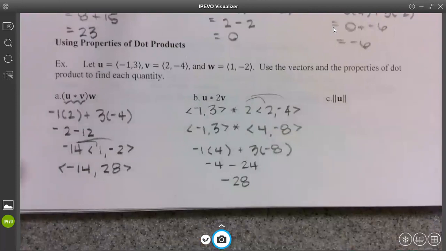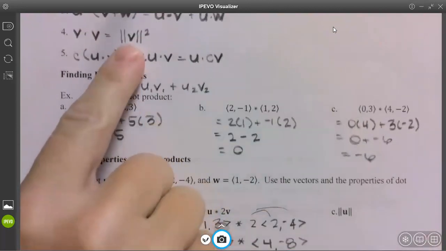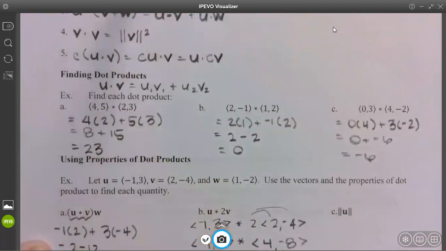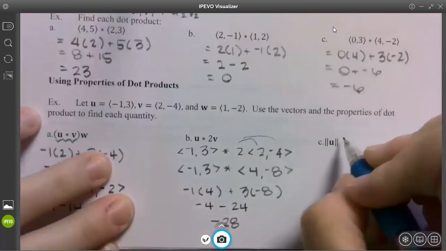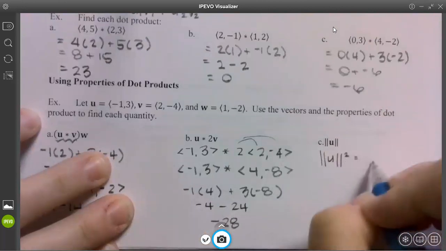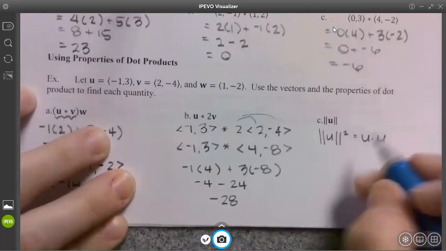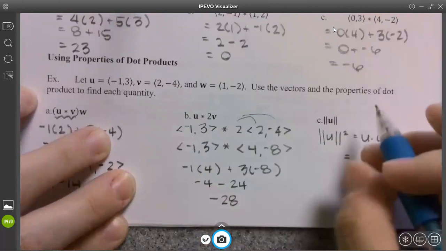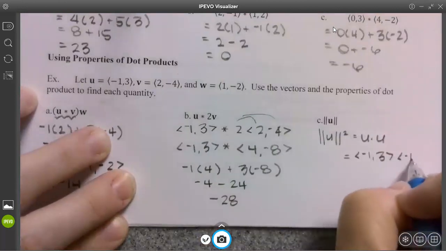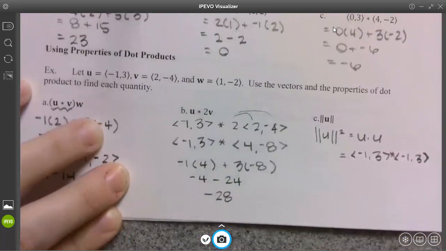This next one has the magnitude of U. If we pull back up for just a minute, right here is the only one with a magnitude that says if you square it, you actually get V times V. So we're going to square this, which will give us U times U. So U is negative 1, 3. And we're going to multiply that together.